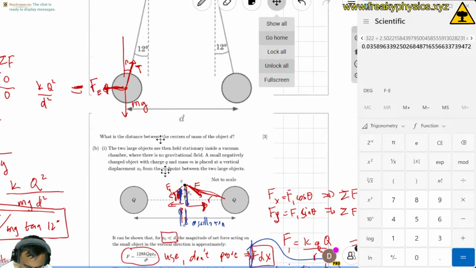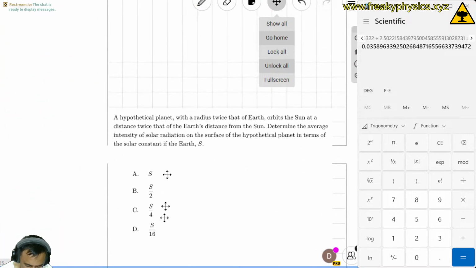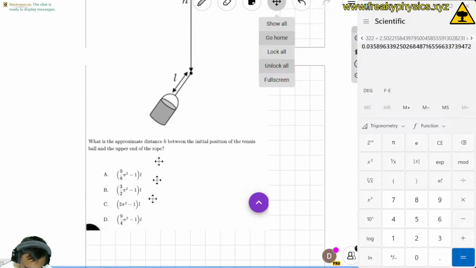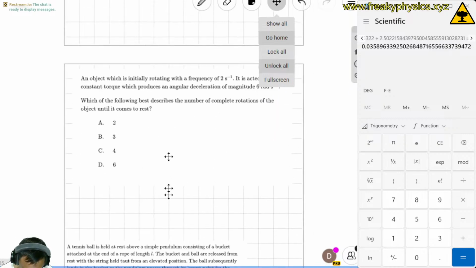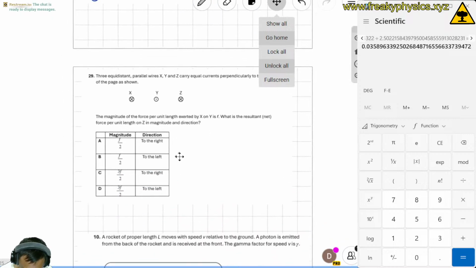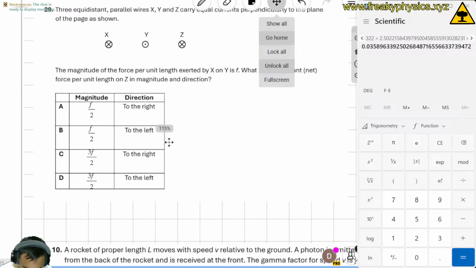So a couple of long problems, then let's do the multiple choices. Let's start off with the ones we haven't done from last time. For this thing, it's actually quite easy to get.